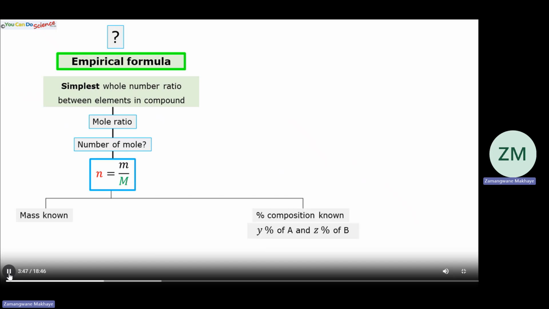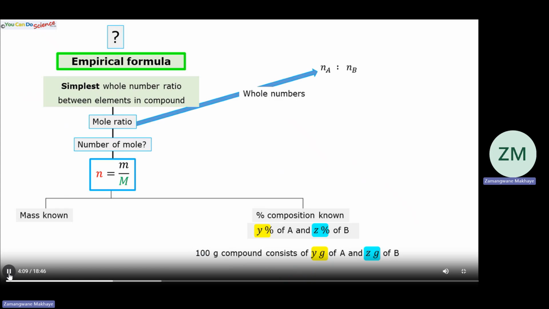If the percentage composition of the compound is known, it means that 100 grams of the compound consists of the percentage of each element in gram. Now the mass of each element is known, and the number of mole can be calculated with this equation.